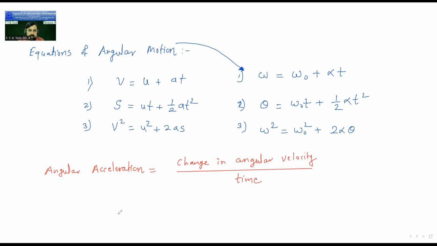So here angular acceleration means alpha, which is equal to change in velocity, meaning final angular velocity minus initial angular velocity, that is change in velocity divided by time.